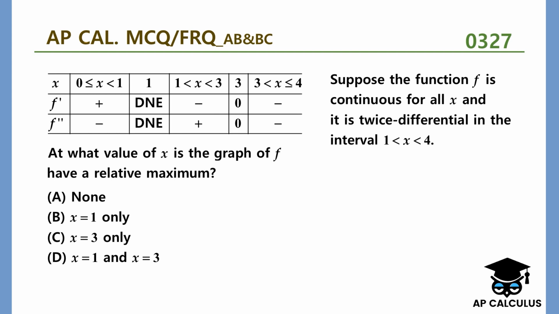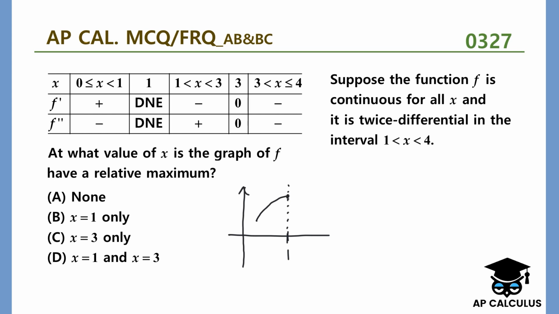Okay? Let's draw the graph of f roughly. Here, when x is equal to 1, right here, f prime is positive, so f is increasing. But when we look at f double prime, it's negative, right? It's concave down. So it'll increase like that, right?